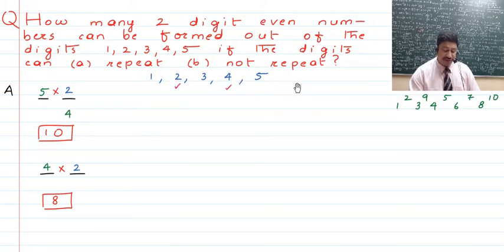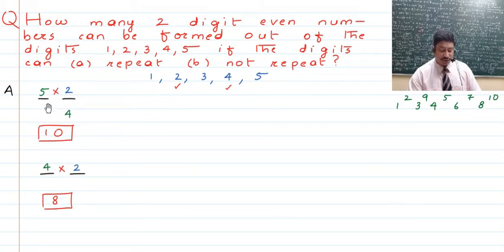Now children, next we will use the principle of counting. What is the principle of counting? It tells us that if we have a work which can be done in m number of ways and another in n number of ways, then the total number of ways by which the work can be done will be m into n.